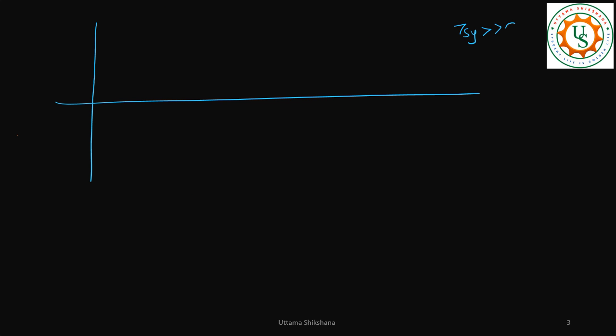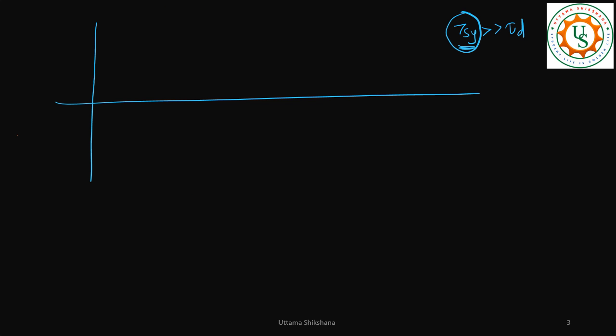Now we will move to the second constraint. I was telling that the symbol duration should be far greater than τd, right? This is going to reduce the ISI. But how large a value can we consider?